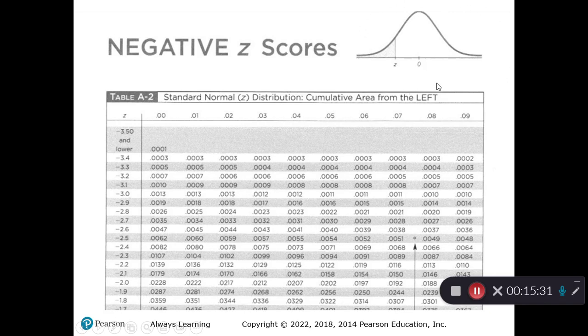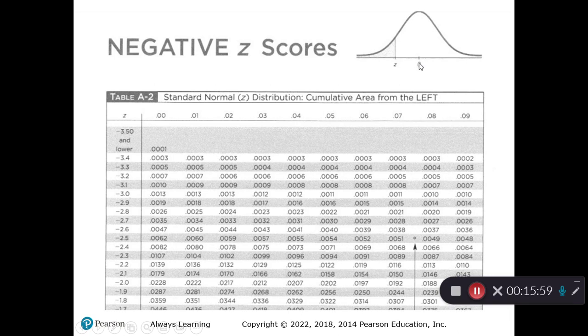I know it's the standard normal distribution because it is bell-shaped, it's centered at 0, and the standard deviation is 1 based on where they've located the z-score here. So the z-scores in this table fall to the left of the mean. Anything to the left of the mean is going to be a negative z-score. We're finding areas to the left of any specific z-score that is to the left of 0.